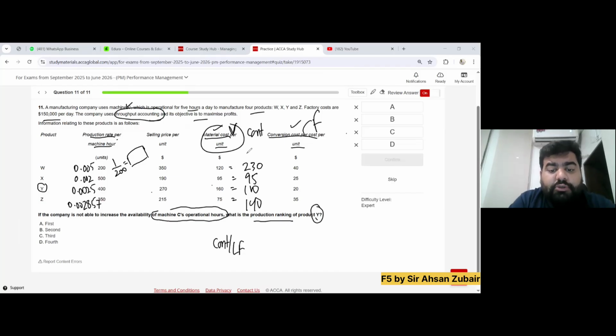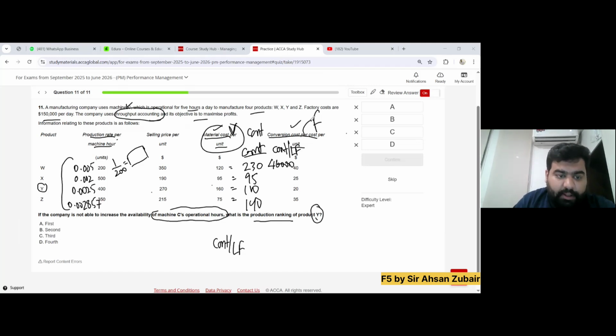Now just calculate contribution per limiting factor. Divide 230 by the limiting factor per unit, 0.005, which gives 46,000 contribution per machine hour.